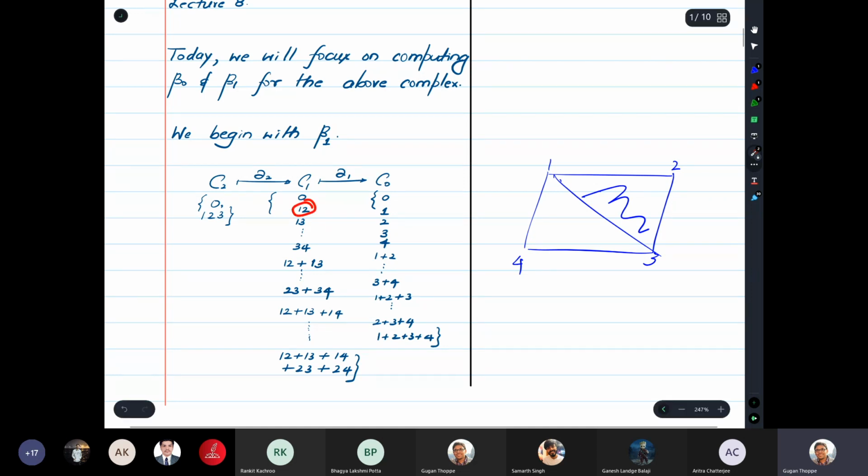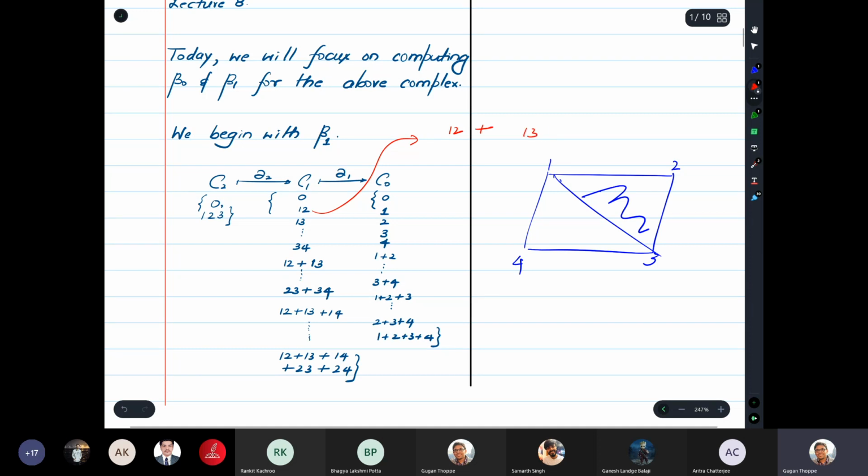So here there is just one phase before which the coefficient is 1. In other words, you can think of this [1 2] as 1 times [1 2] plus 0 [1 3] plus, maybe I'll use a different color so that it's clear that I'm referring to the coefficients and so on.